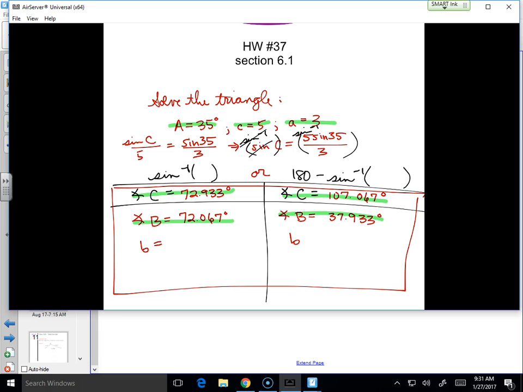Yeah, I wrote it down. I think it should end up little b equals sine of 73.06, right? Times sine A. What do you got? I got 3.